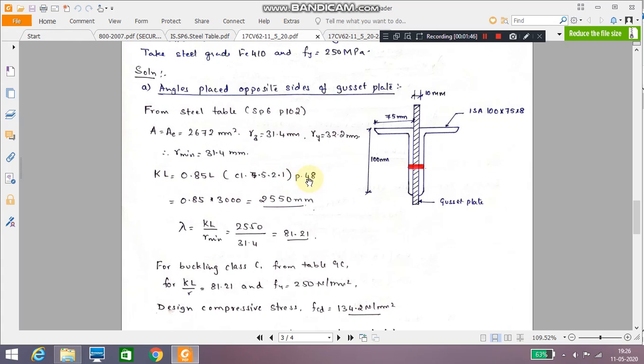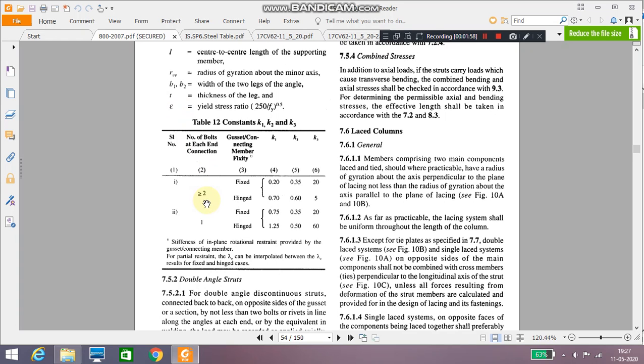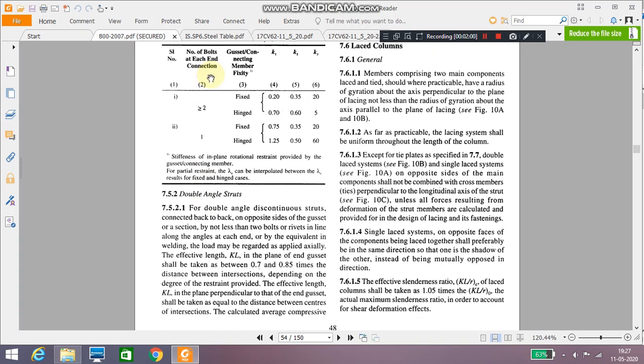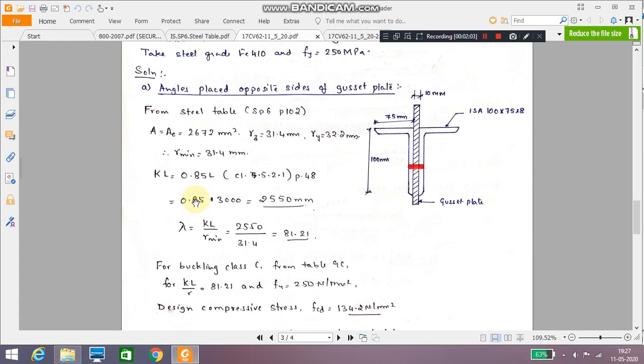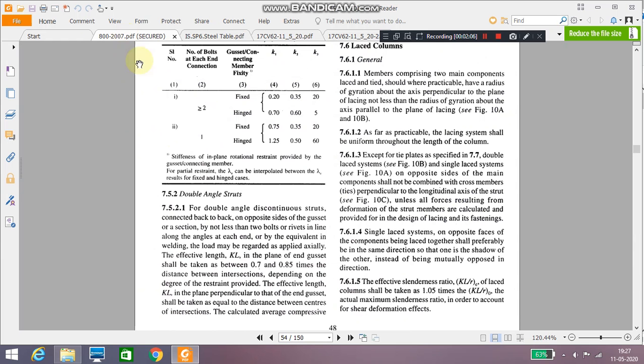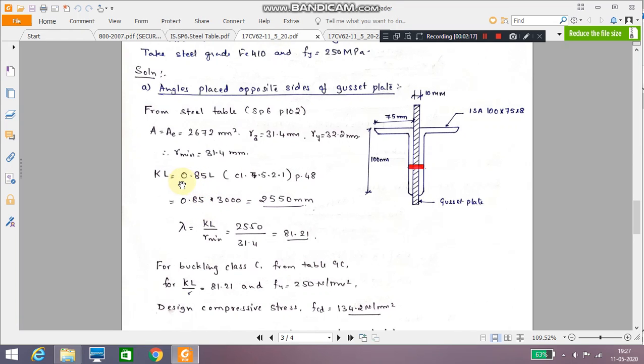Therefore, from page number 48, clause 7.5.2.1, they have given the KL value shall be varying from 0.7 to 0.85 times L. So I will be taking KL equal to 0.85 times L according to the clause.